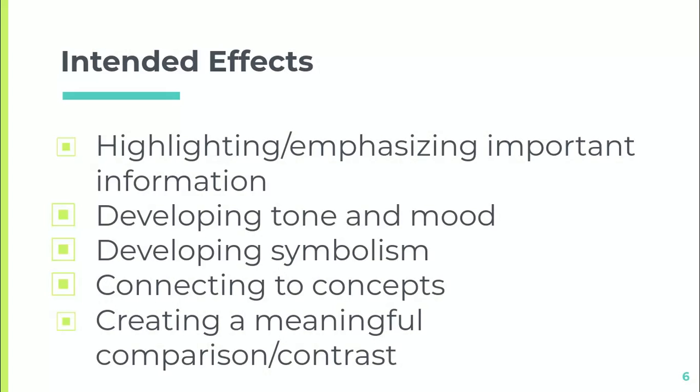It helps to develop tone and mood. Again, imagery and sensory detail has a very strong connection to diction and connotation. Those specific details and the words that are used to describe those details help us understand how the writer feels about what they're talking about and helps us experience emotions and mood. Okay?